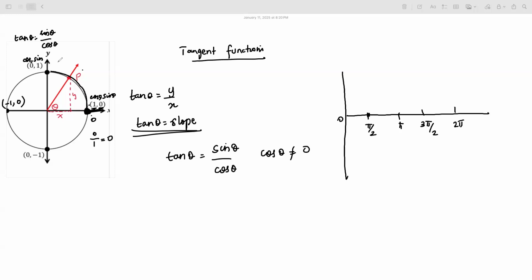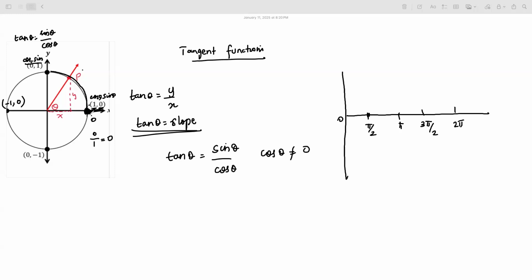What is the value? It becomes... okay, what happened, guys? Am I clear or not clear?